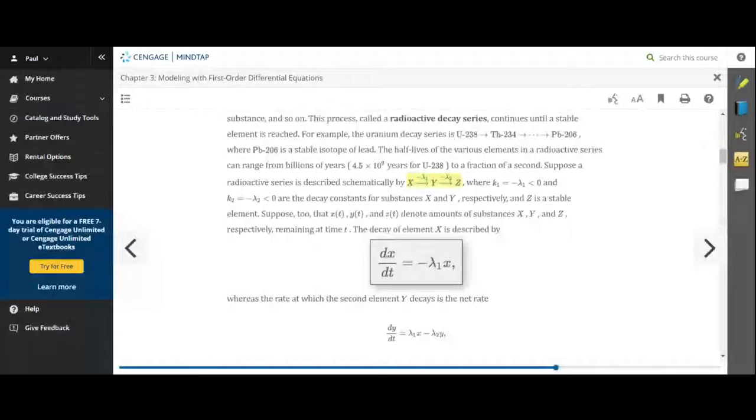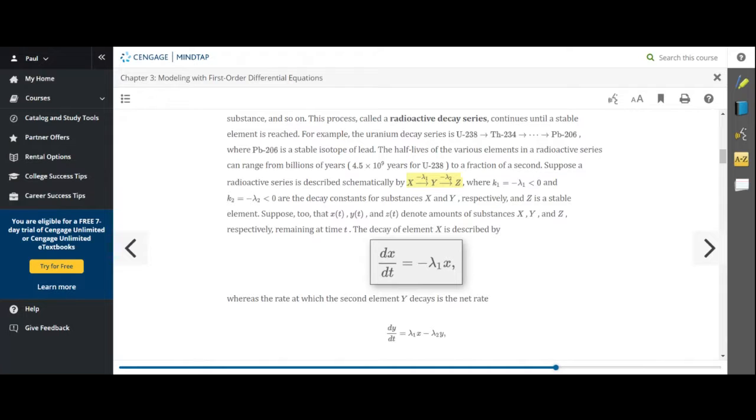Okay, so again, radioactive decay series. We're taking a simple case where X decays to Y, Y decays to Z at decay rates negative lambda 1, negative lambda 2. Well, we can describe for a radioactive series a system of first-order differential equations.